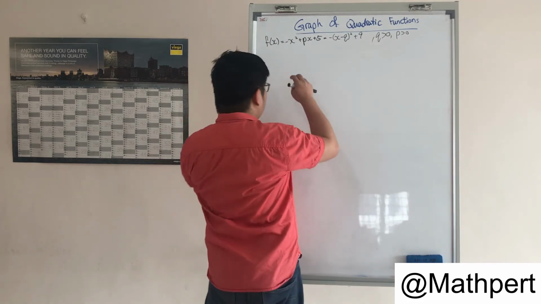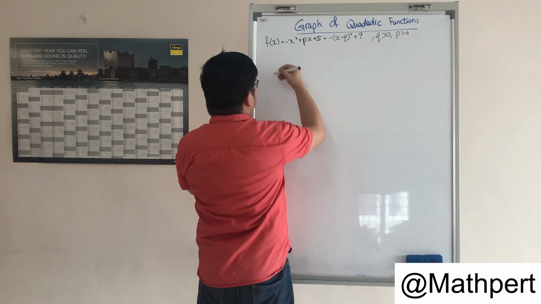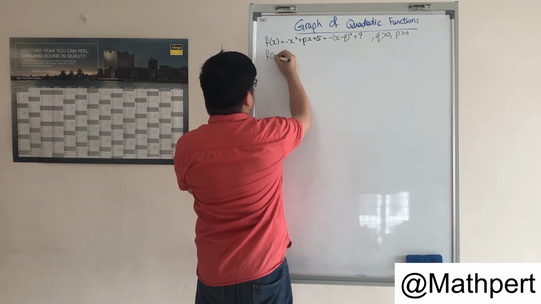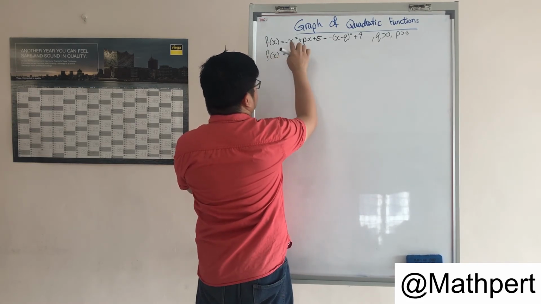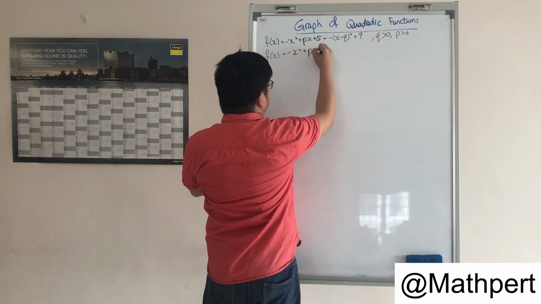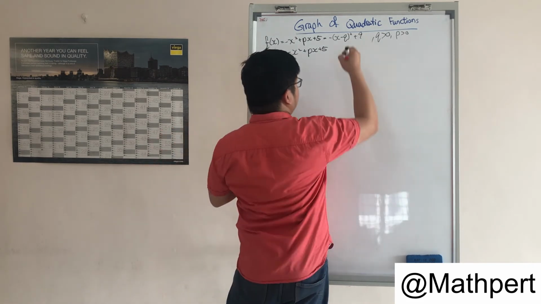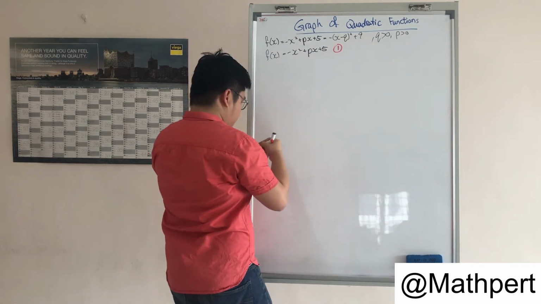Given these questions, we can form two quadratic functions. The first one, f(x) equals the first part, minus x squared plus px plus 5. We name this equation number 1.